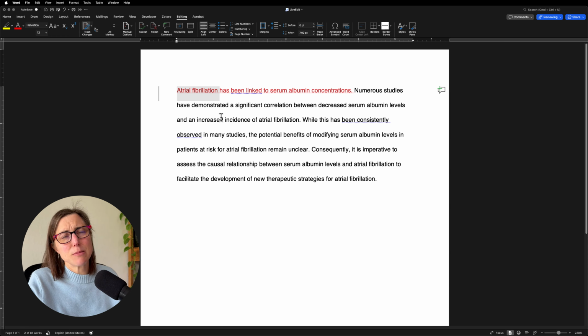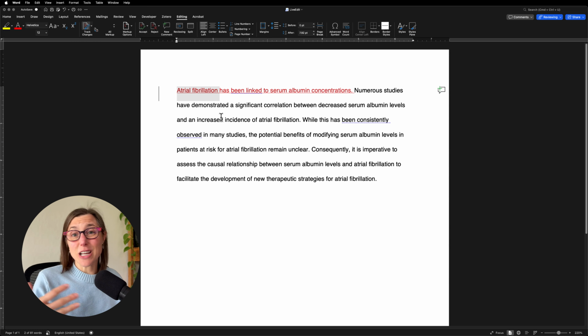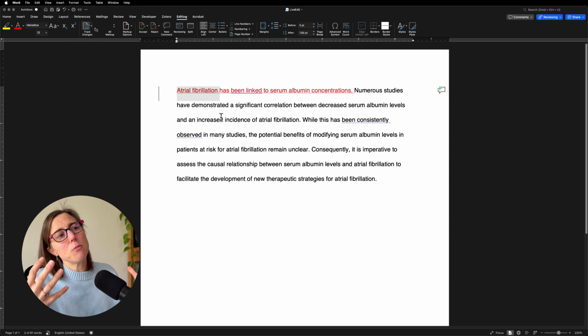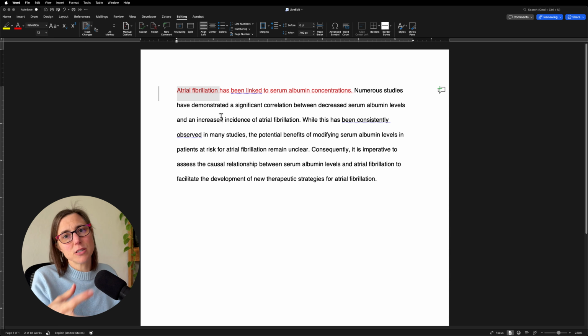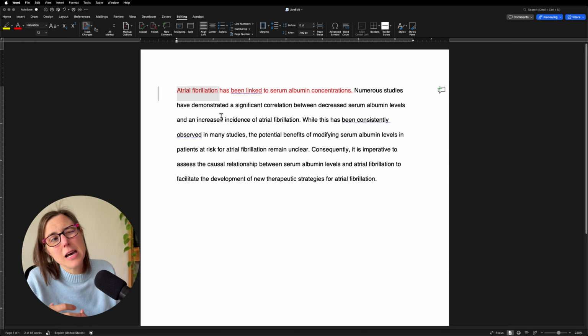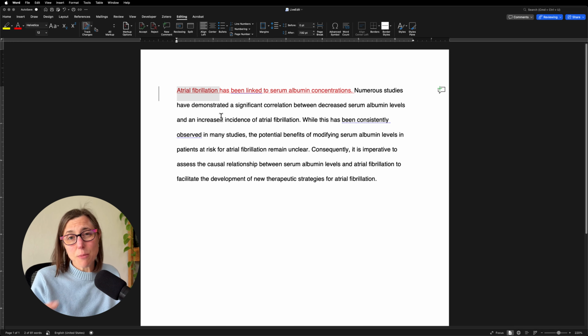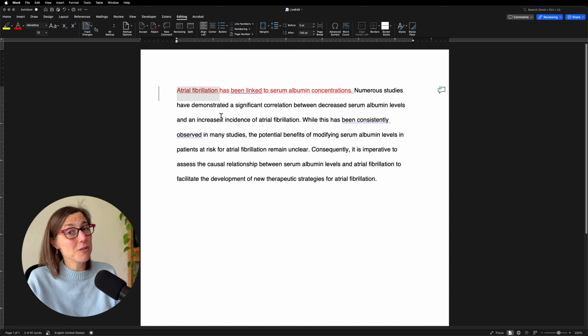However, if you are submitting this manuscript to something more broad, like Nature or Science, you might want to start with a broader subject, such as cardiovascular disease, just to help guide readers who may not be as familiar with atrial fibrillation. And honestly, even if you're publishing in a more specialized journal like Circulation, I might still consider starting with something like cardiovascular disease, and that way it makes your article more accessible to a broader audience. So that's just something to keep in mind.